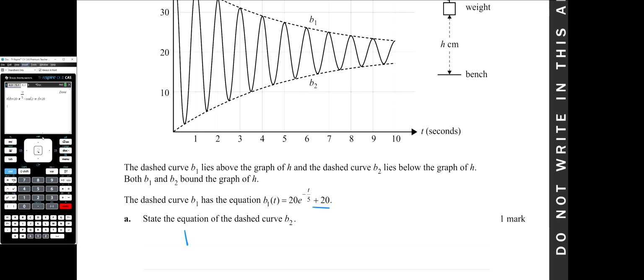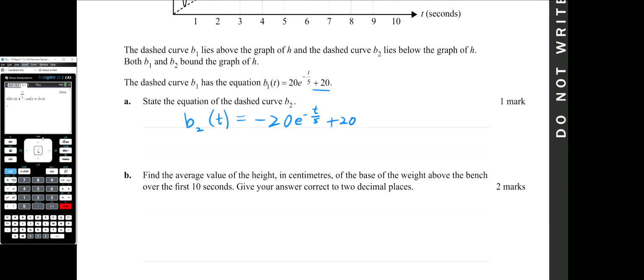So b2 is actually going to be very similar. b2(t) will also have the plus 20, except that the exponential term will just be upside down. So that's negative 20e^(-t/5), plus 20. And you can use your calculator to verify that as well if you so wish.